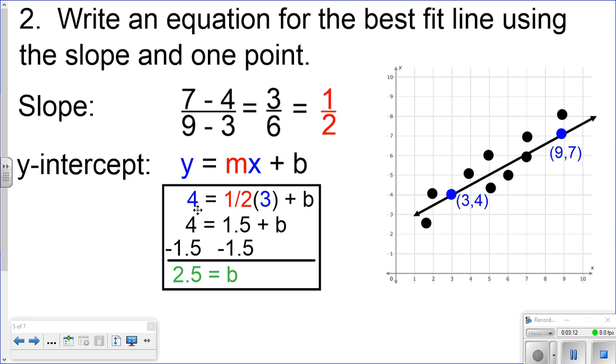So I fill in the y, which is 4, equals 1/2, which is the slope I got up here, times 3, which is the x value, plus b. So now I just solve for b. 4 equals, half of 3 is 1.5, so 1/2 times 3, plus b. Then I subtract 1.5 from both sides, and I get 2.5 equals b. So now I have the m and the b. I can write my equation.